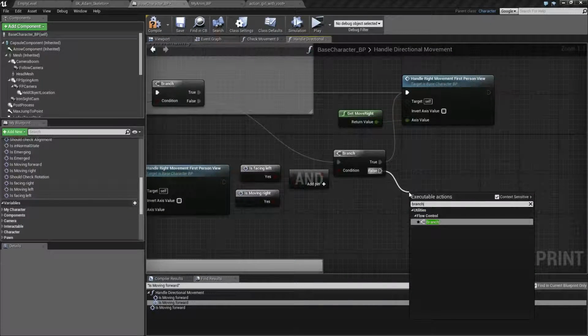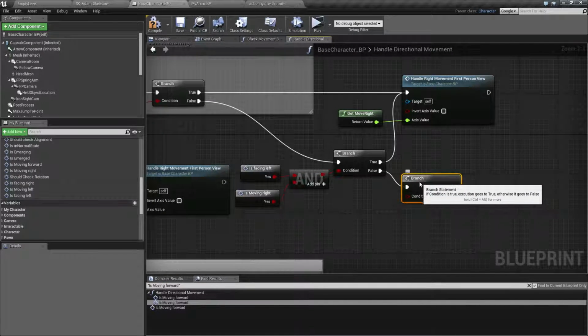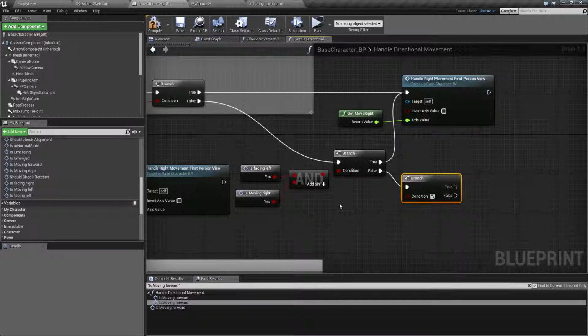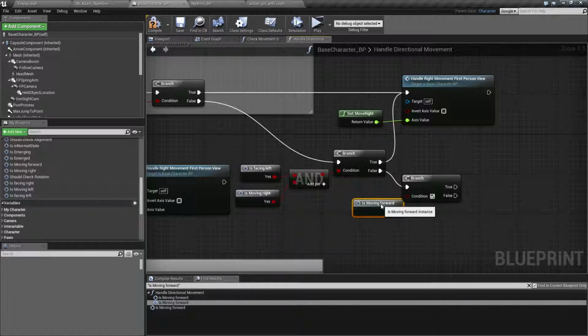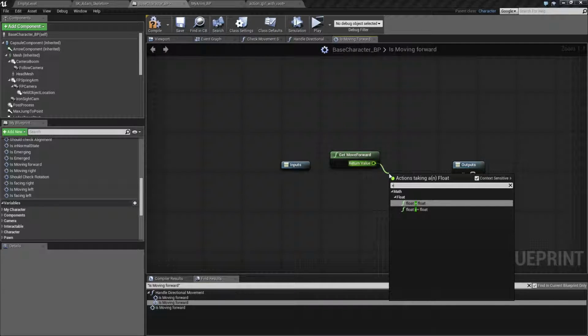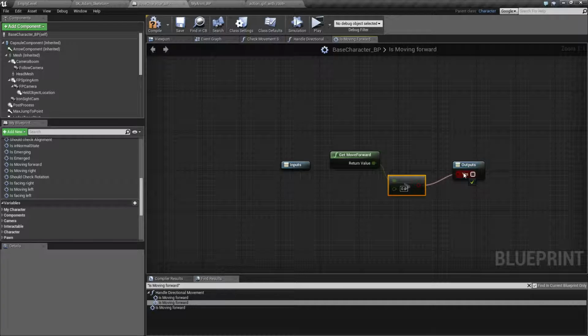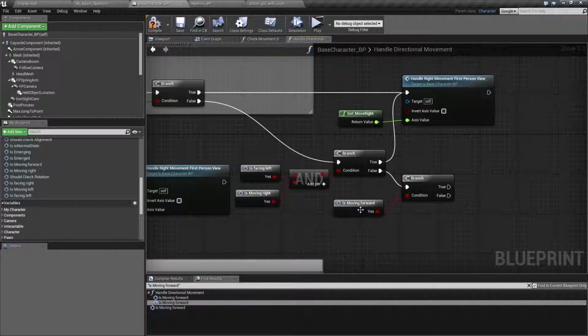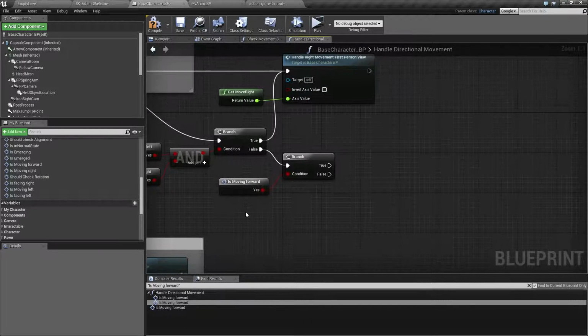So if we're not moving in any of the sideways directions, we want to check if we are moving forward. And then moving forward, did I fudge this one up also. This needs to say greater than 0. Otherwise it doesn't really make sense. So we are moving forward.